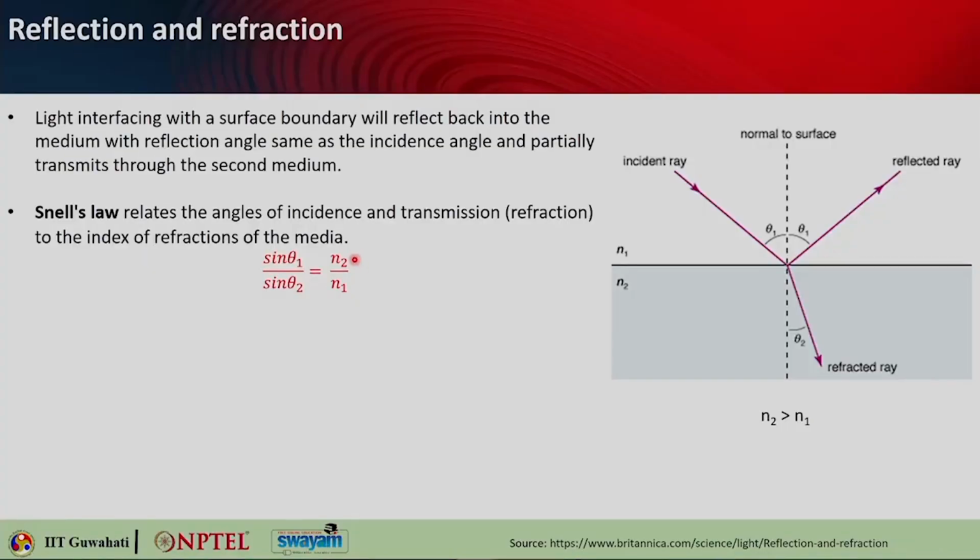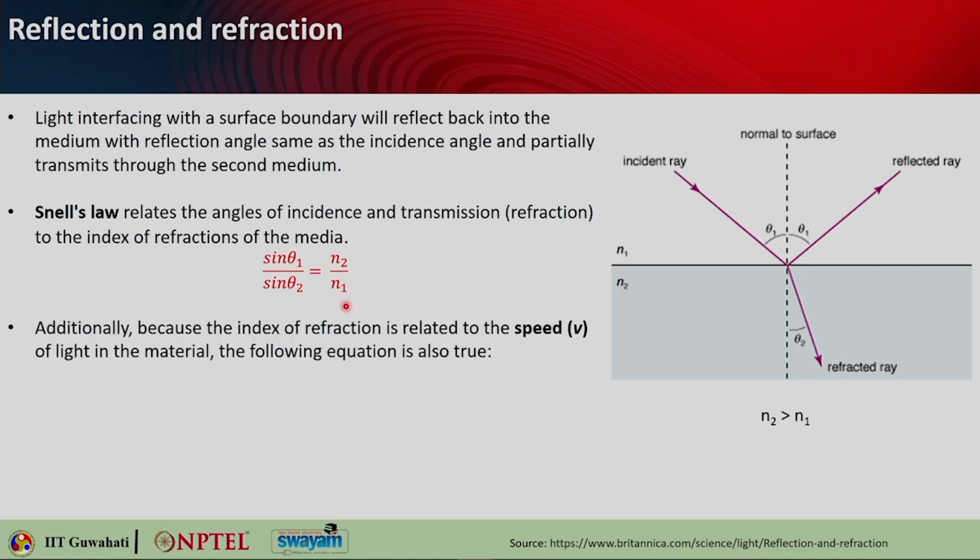So if you write n2 as c by v2, similarly n1 can be written as c by v1. It means you can replace this ratio with the ratio of the speed of light in each of these media, n1 and n2. So sin theta 1 over sin theta 2 equals v1 over v2.